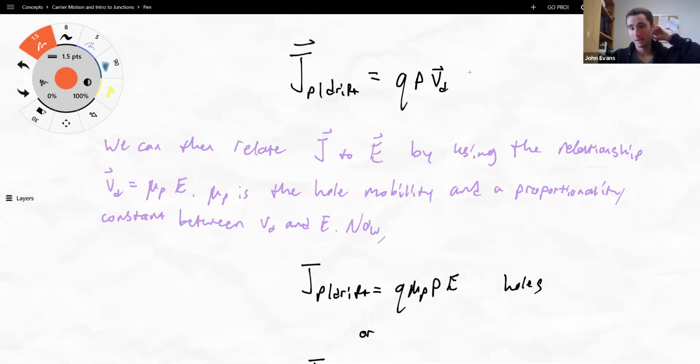So if, for example, I apply an electric field of 1 volt per centimeter, and the particles are moving at 10 meters per second, you can then calculate that the mobility is equal to whatever that is, right? So that's how we interrelate between the two.